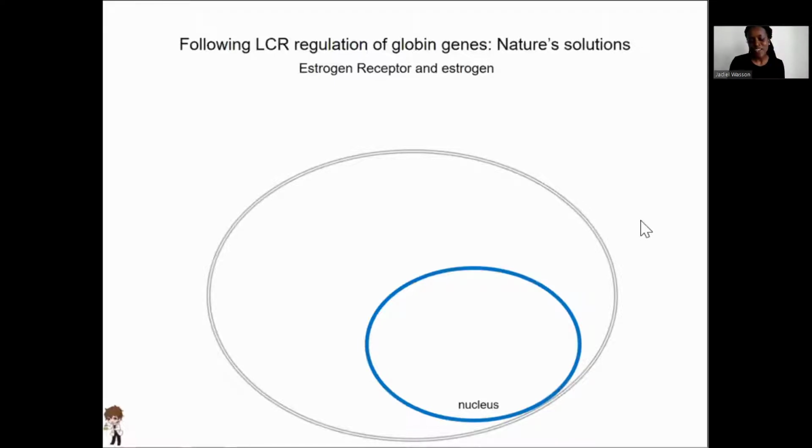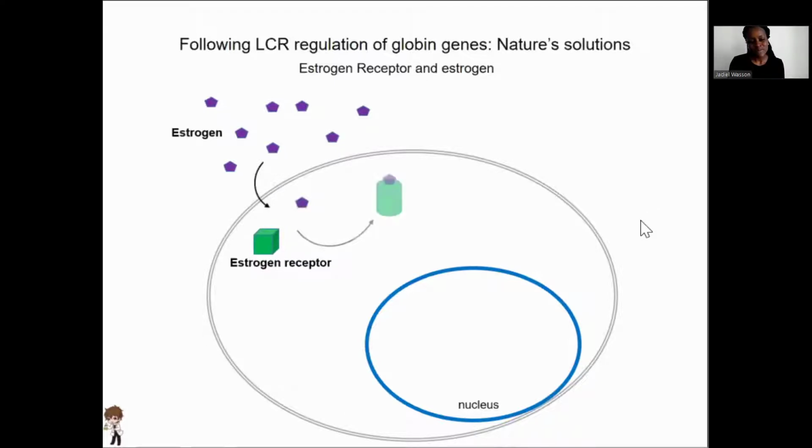Another tool that they used in the paper was the estrogen receptor and estrogen interaction. Normally estrogen is present on the outside of the cell, and on the inside you have the estrogen receptor.